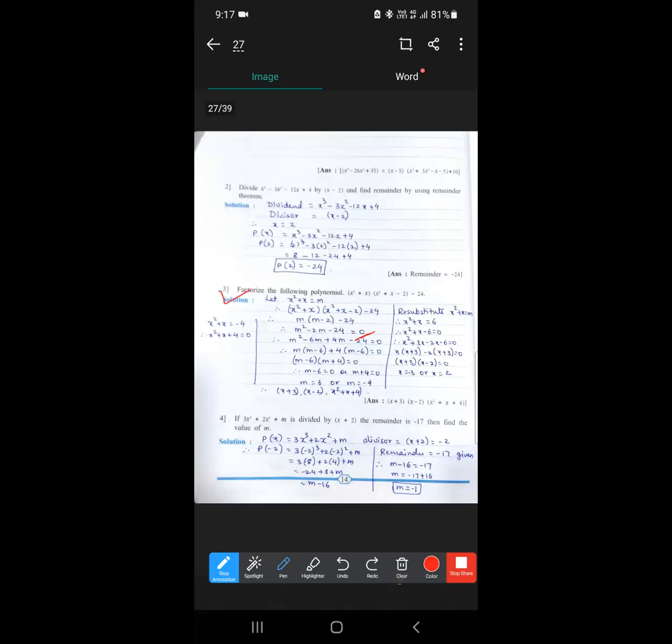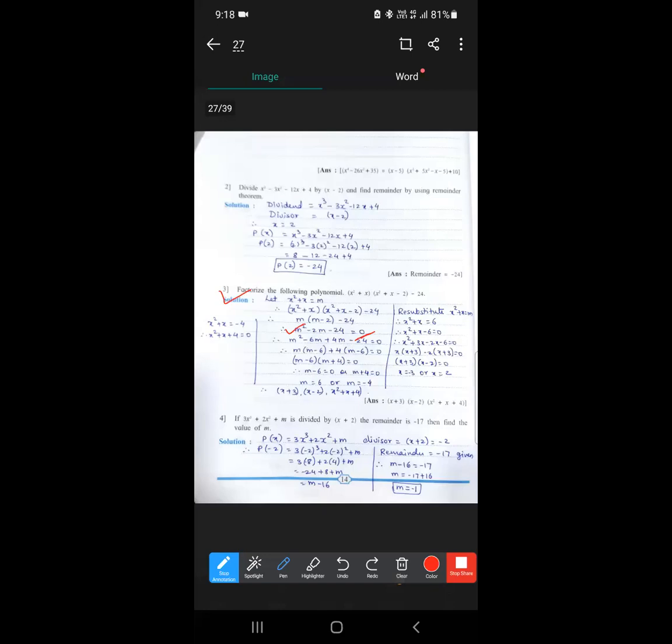First we should convert the polynomial into quadratic form, that is, highest degree 2. Here I have got m square. Now I can factorize as we normally do: m square minus 2m minus 24 equals 0.